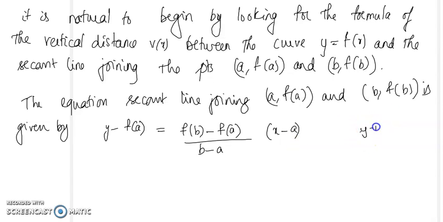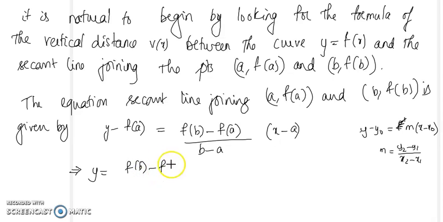This is in the form y minus y naught equal to m into x minus x naught. So m value will be y2 minus y1 by x2 minus x1. So this is the 2-point form of the secant line. So we will get y equal to f of b minus f of a by b minus a into x minus a, plus f of a.